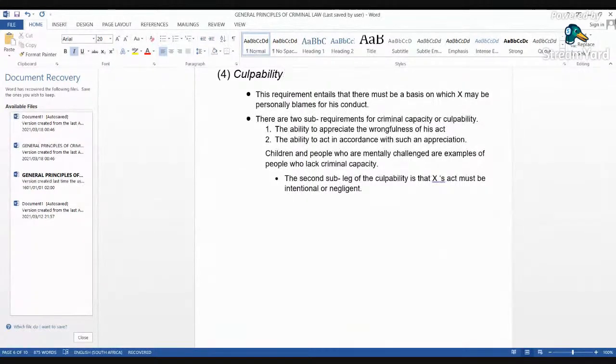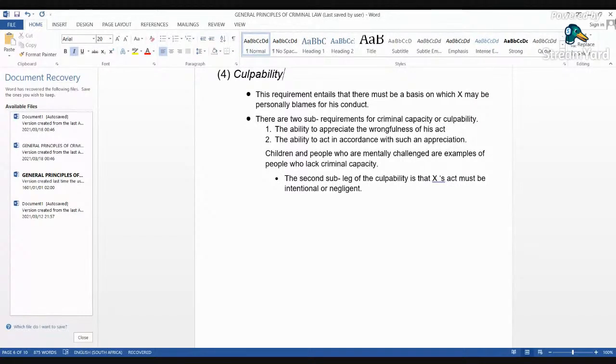What culpability entails is that there must be a basis on which X may be personally blamed for his conduct. So now we're looking at the person who has actually done the crime, the actor.